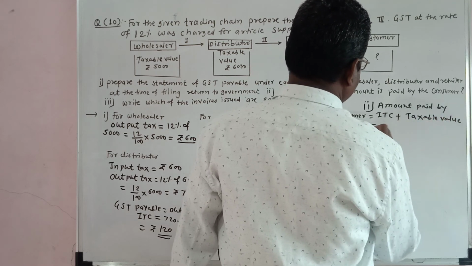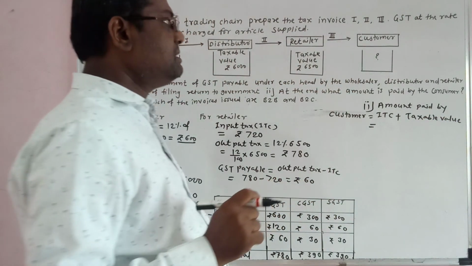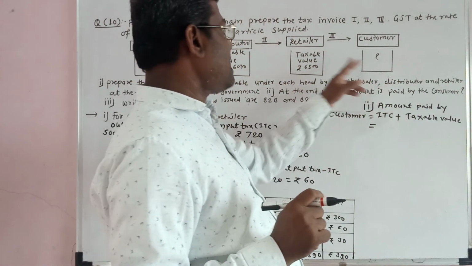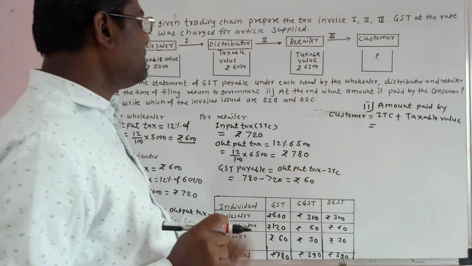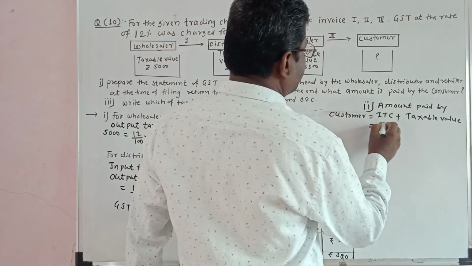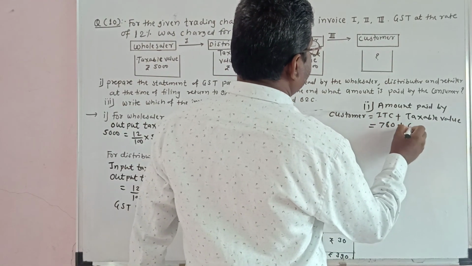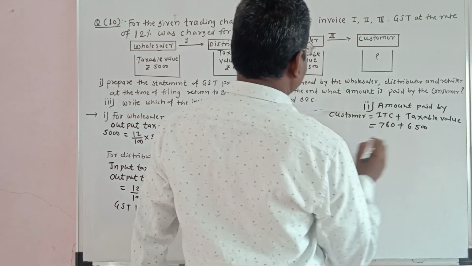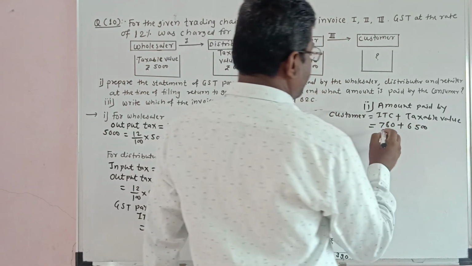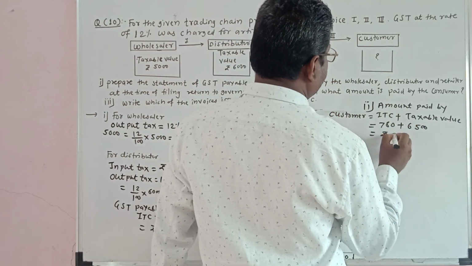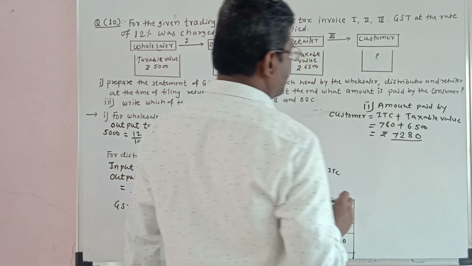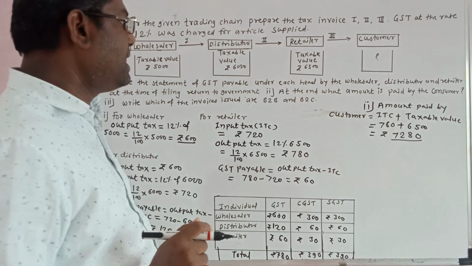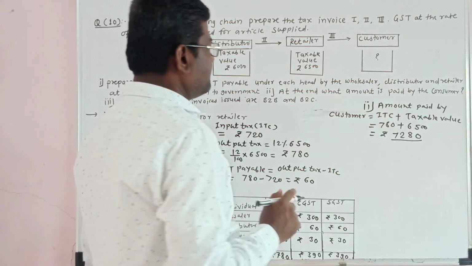So ITC for the customer is the output tax of the retailer. Output tax of the retailer is 780 plus 6,500 taxable value, which is equal to a total of rupees 7,280, the amount paid by the customer.